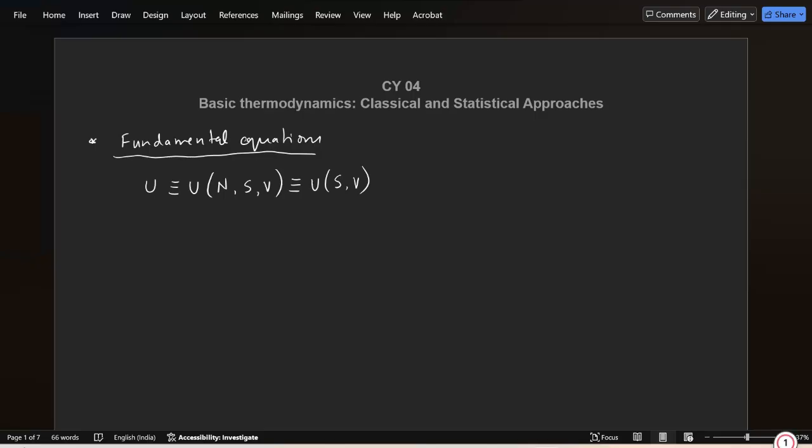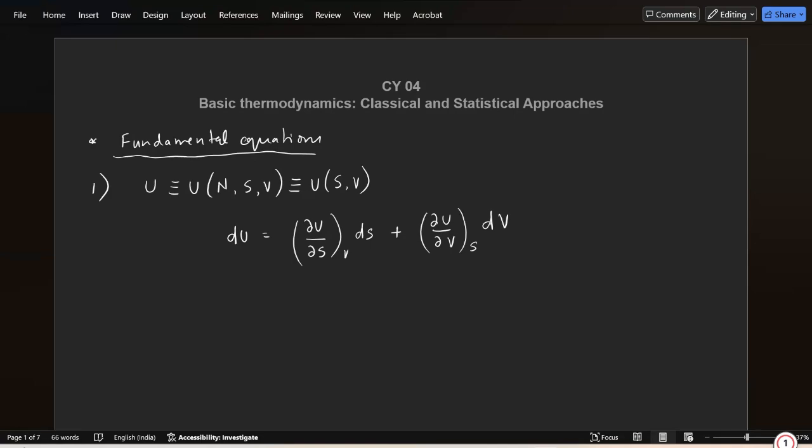So in that case, how do you write the total differential? dU is equal to del U by del S, keeping volume constant, dS, plus del U by del V, keeping entropy constant, dV. Okay, so this is the total differential.